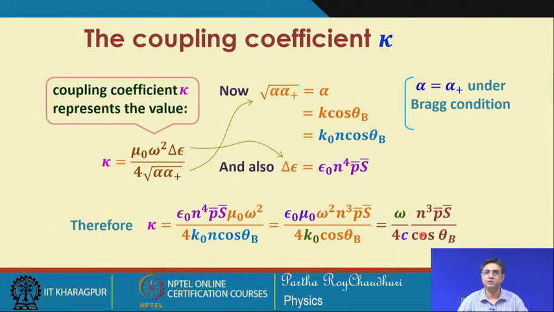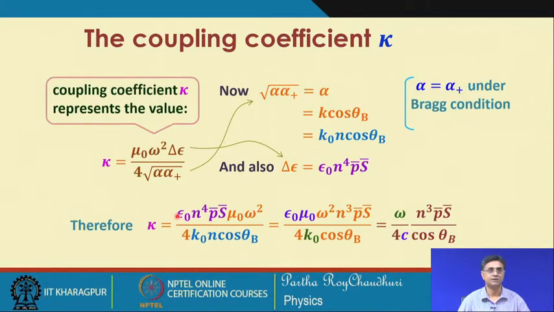So, in terms of the Bragg angle, in terms of the unperturbed refractive index of the medium, and the effective strain element and the strain optic element, one can represent the coupling coefficient for the coupling of wave from the 0th order to the first order, or from the first order to the 0th order, and vice versa.